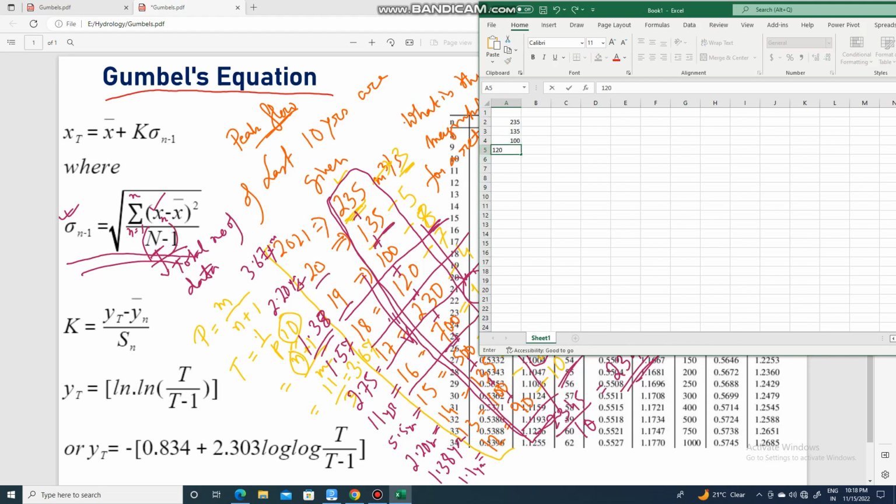Then it will be 130. Sorry, then it will be 230. Then it will be 700. Then it will be 500. Then 135.